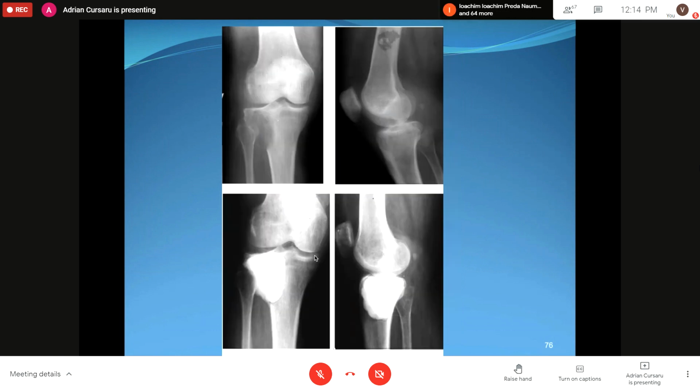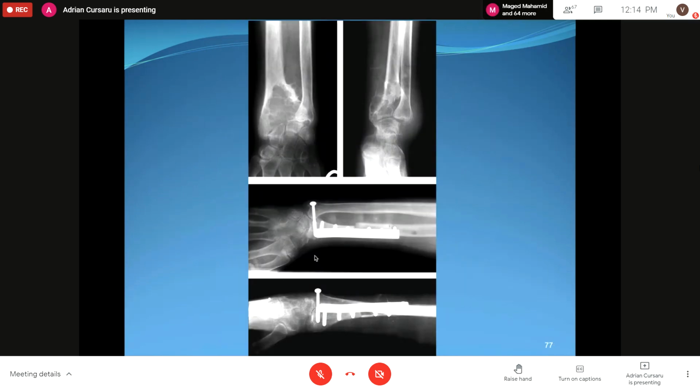Another example of curettage, and then putting cement, a cement spacer, on the bone lesion. That's another example of a metabolically active giant cell tumor.